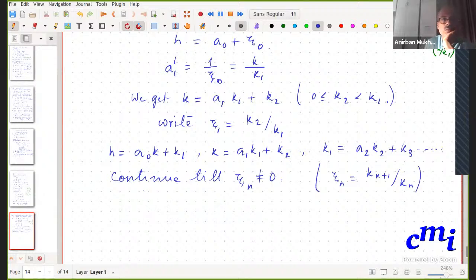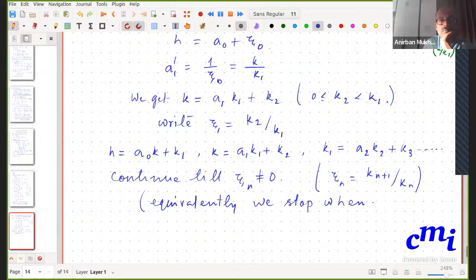And therefore, equivalently, we stop when k n plus 1 is 0.